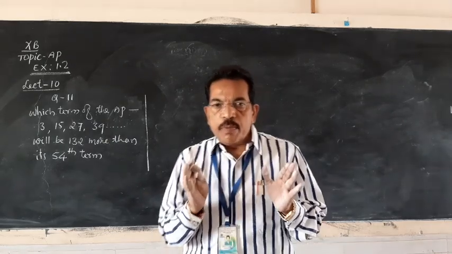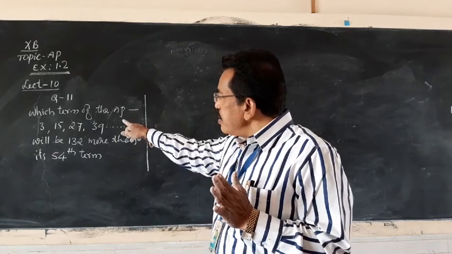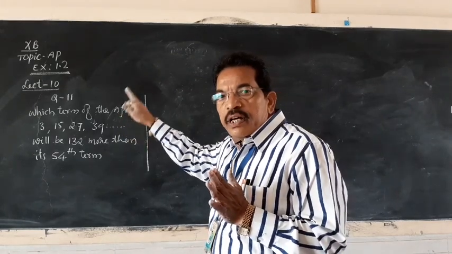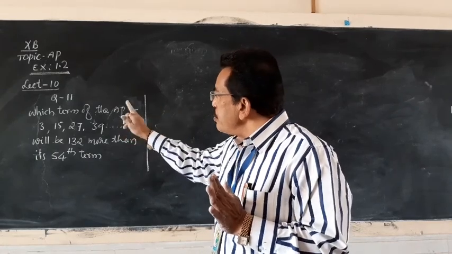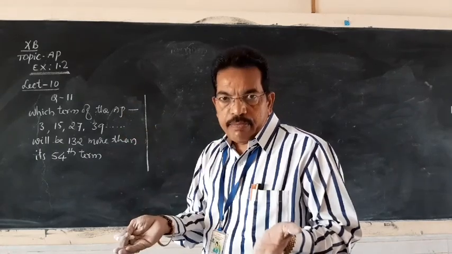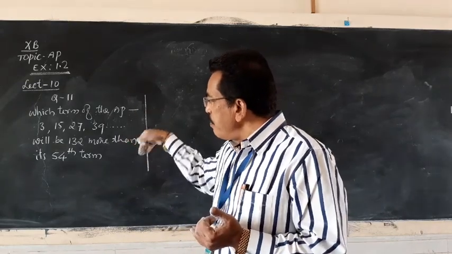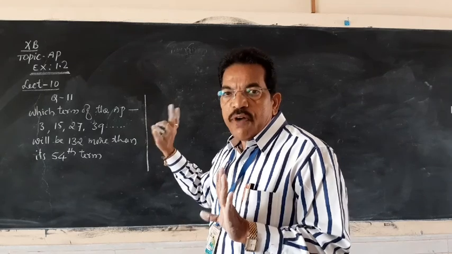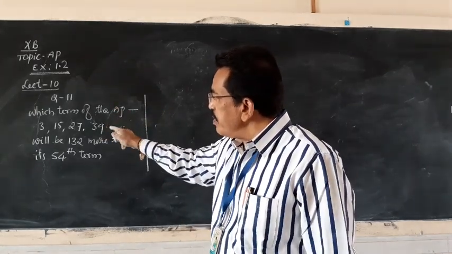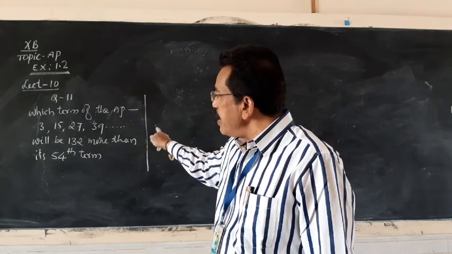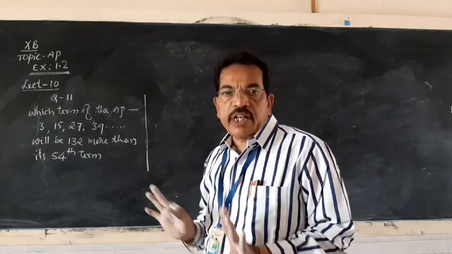By reading the problem, we understand that n has been asked, because which term of the AP means n. By utilizing whatever they have given, we have to find that term.